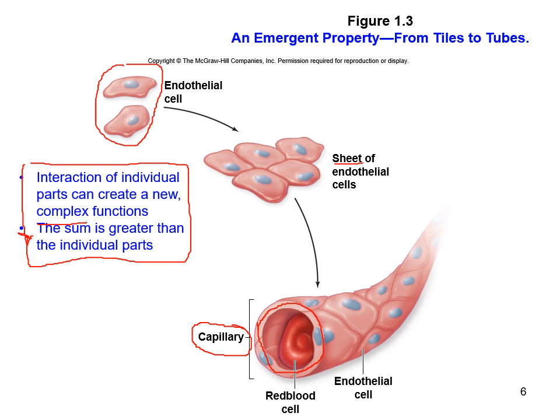So here you can see your capillary and our little red blood cells, because our endothelium cells have laid the basis for transport of our red blood cells as well as our white blood cells and our platelets. So as you can see, this is an example where you started out very simplistic and now you are larger and more complex and you get a greater benefit out of it, aka emergent properties.